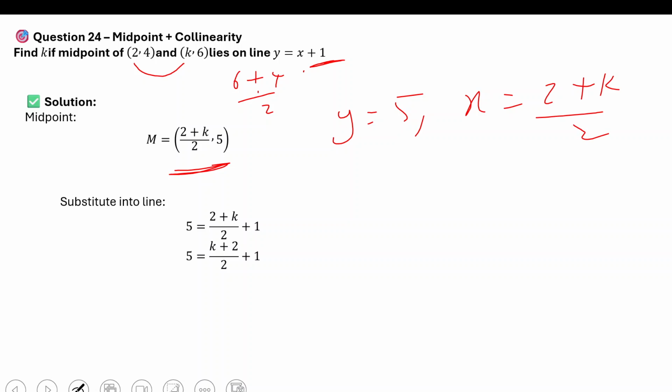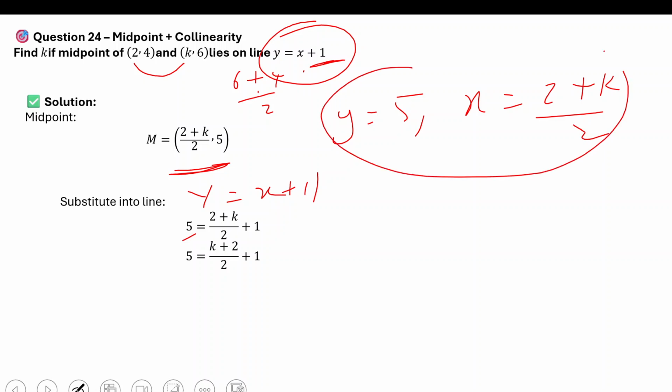So by the time we put them in this equation, y and x, then plus 1. We'll put them in this equation, y is equal to x plus 1. I'm putting what we have here inside this equation, right?